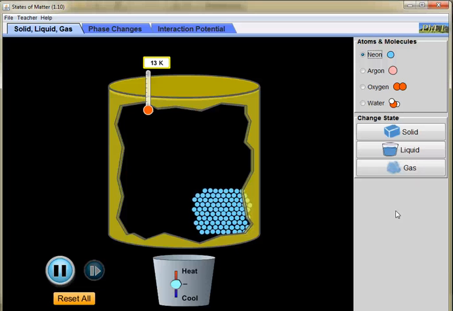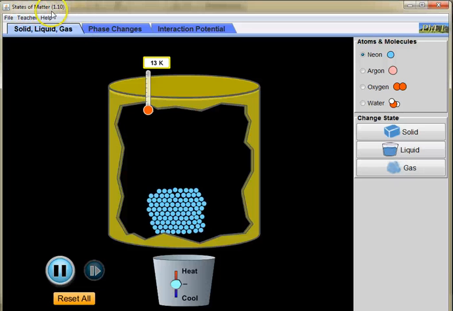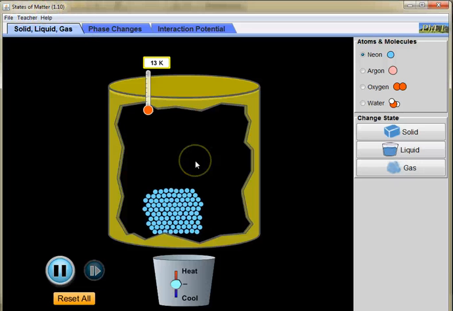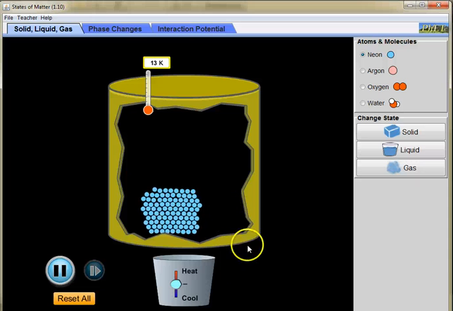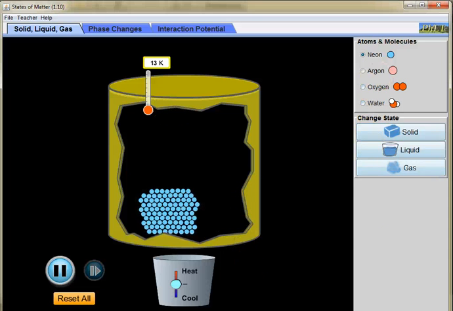States of matter, give me one second. So this is the states of matter lab. This is a slightly different lab. It has slightly more advanced features, but it's more or less the same lab.